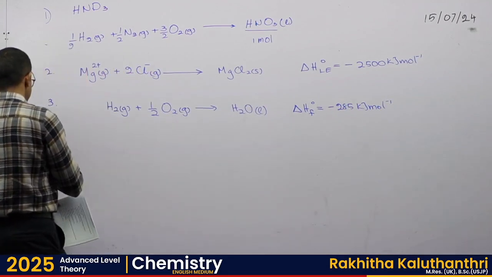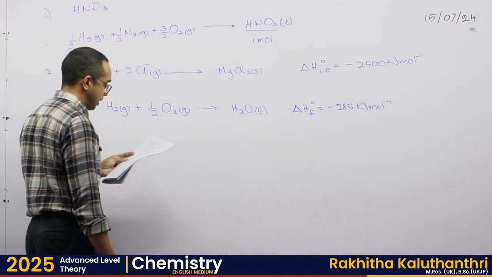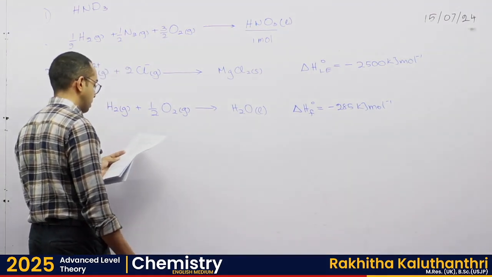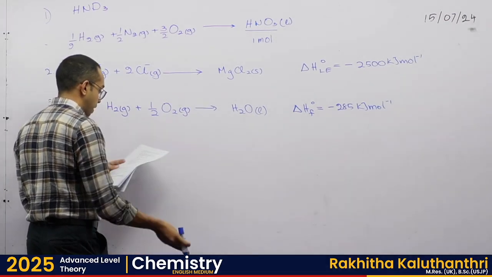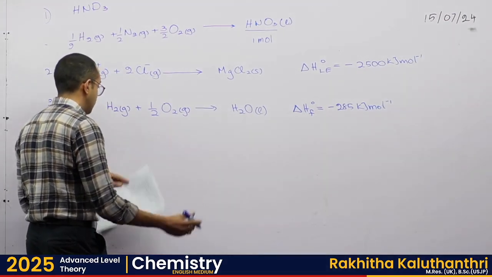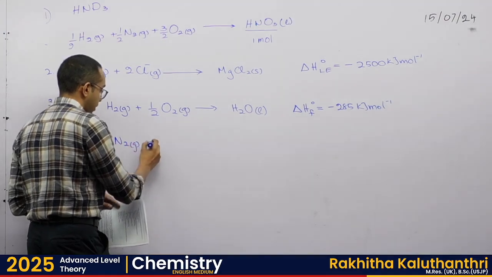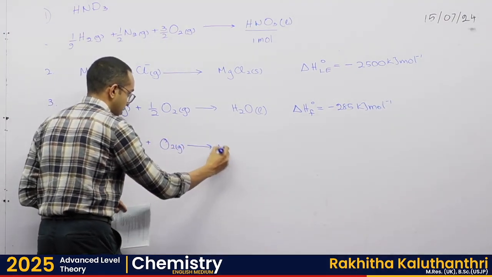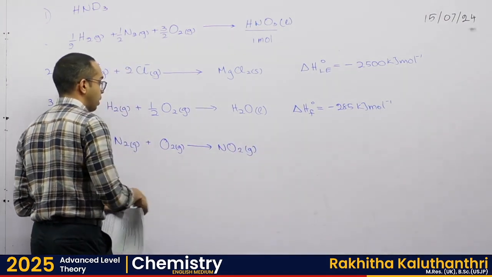And the fourth one, the standard enthalpy of formation of nitrogen dioxide. Again, formation, all the rest are all formations, that's why I thought initially this was also formation. Nitrogen dioxide, you take nitrogen gas and oxygen gas turns into nitrogen dioxide gas, but you have to balance this.